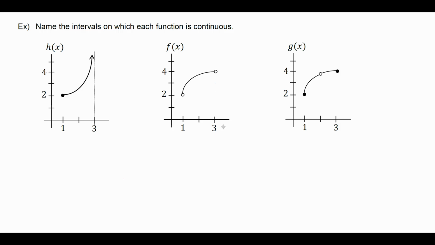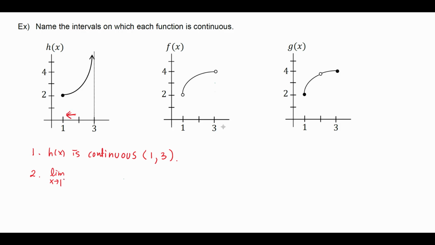Name the intervals on which each function is continuous. So let's look at the first function, h of x. H of x is continuous on the open interval 1 to 3. There's no jump, no gap, no hole between 1 to 3. Number 2, how about the starting point 1? What's the limit as x approaches 1?